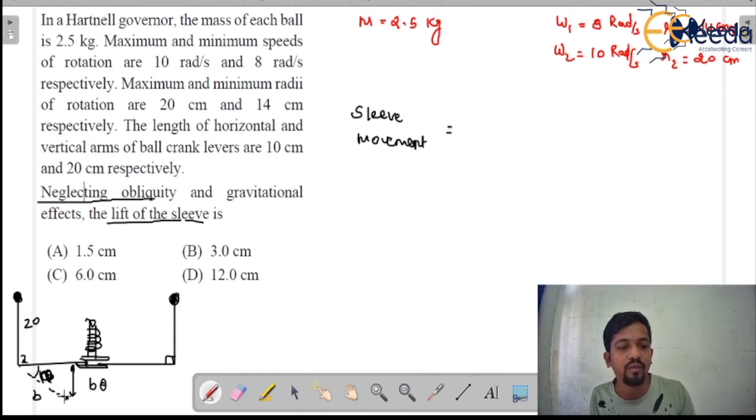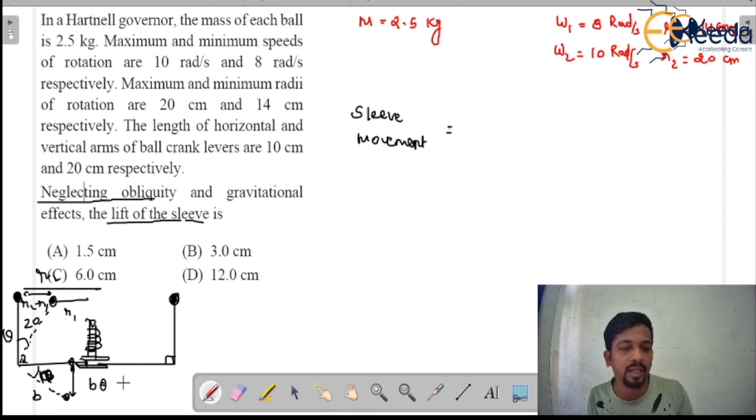As the sleeve moves from this position to this position, there will also be ball arm movement from here to here. If this is the radius r1 and this is the radius r2, this will be r2 minus r1. If this is the angle theta, this is also theta, because both arms are attached to each other.